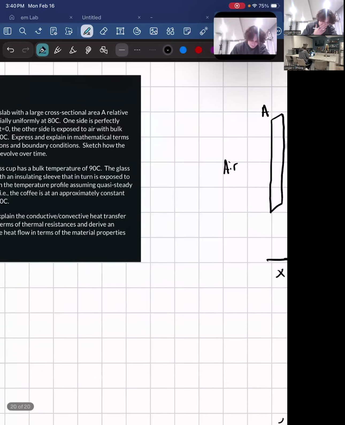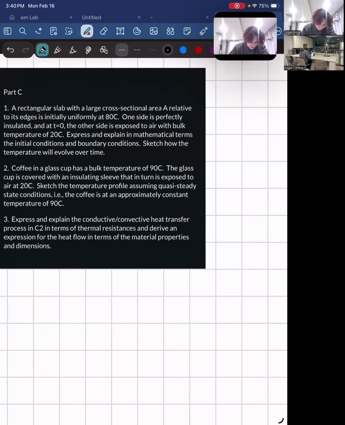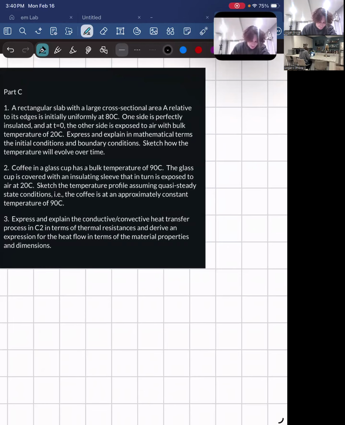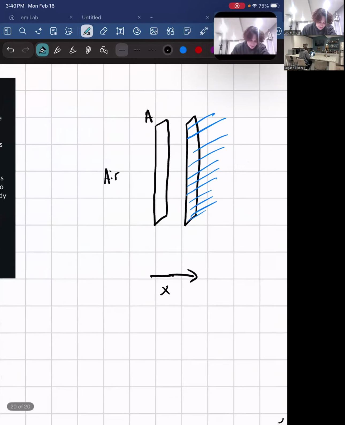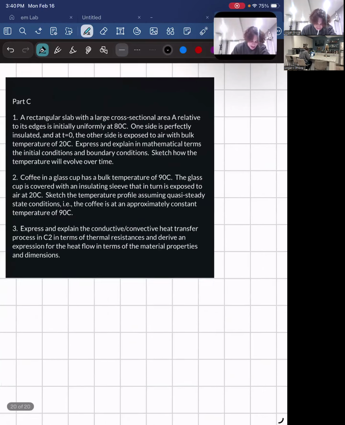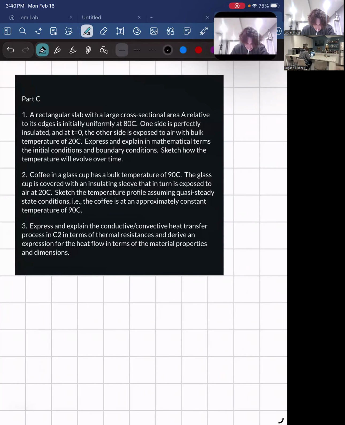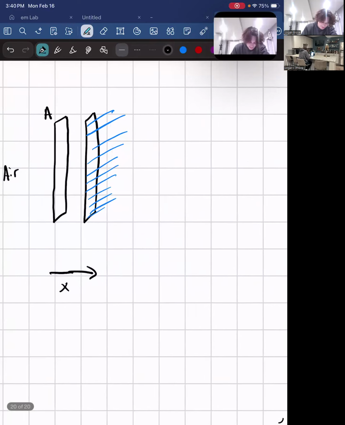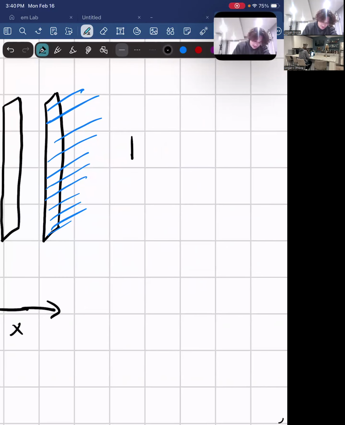Perfectly insulated means we're not going to lose heat on that side to begin with, right? But we know that it's initially at 80 degrees Celsius at time zero, right? So if we express that, we know that T at any X at time equals zero equals 80 degrees, right?